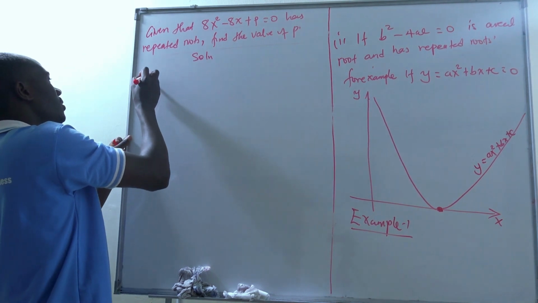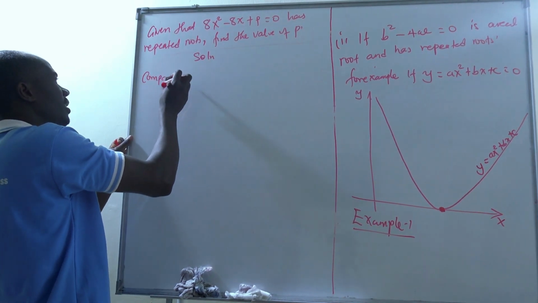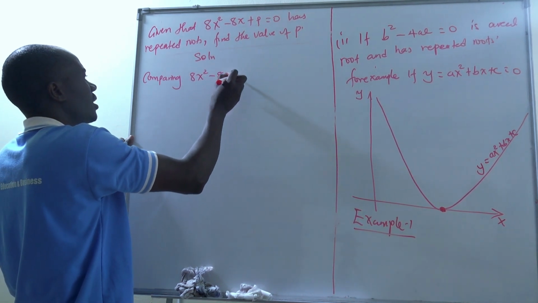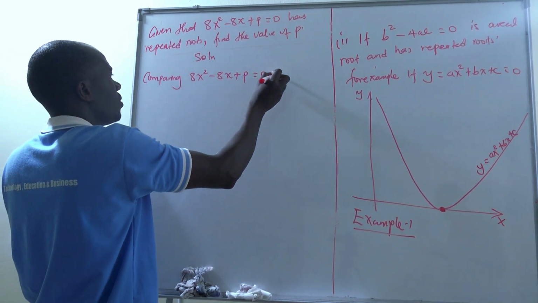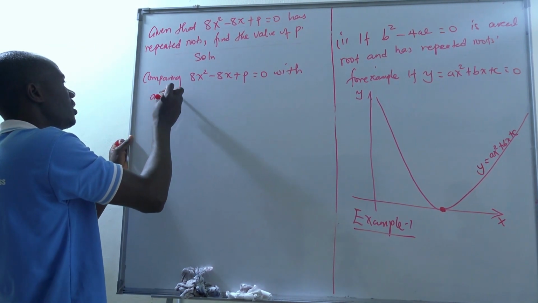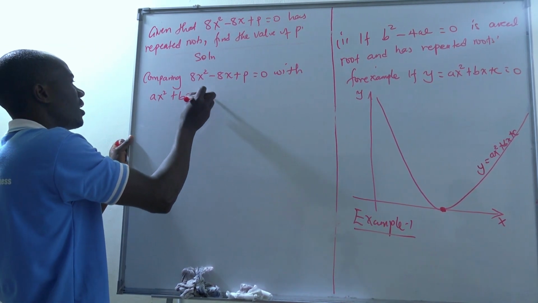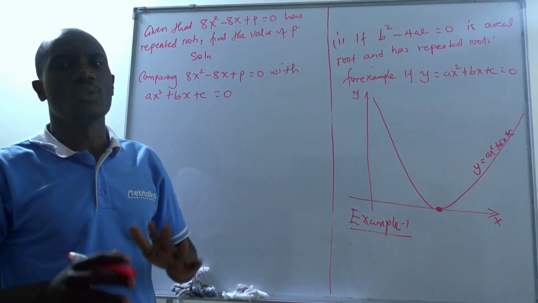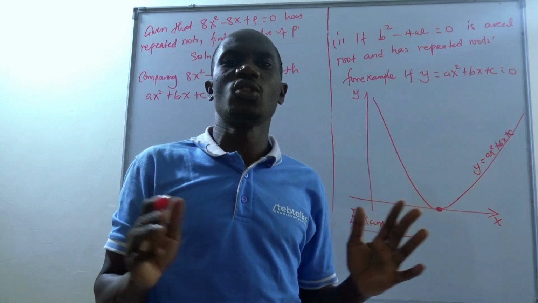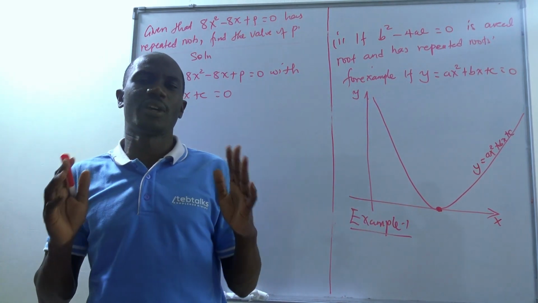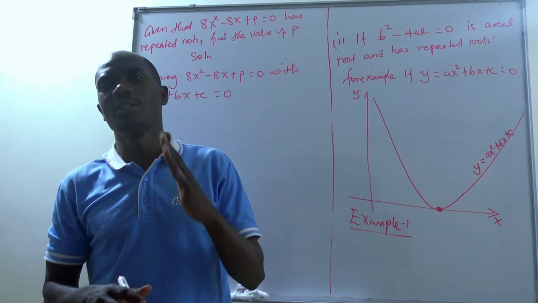You start by comparing 8x squared minus 8x plus p equals 0 with ax squared plus bx plus c equals 0. So we are going to look at the coefficient of x squared, and compare them, also the coefficient of x and the coefficient of x to the power 0.